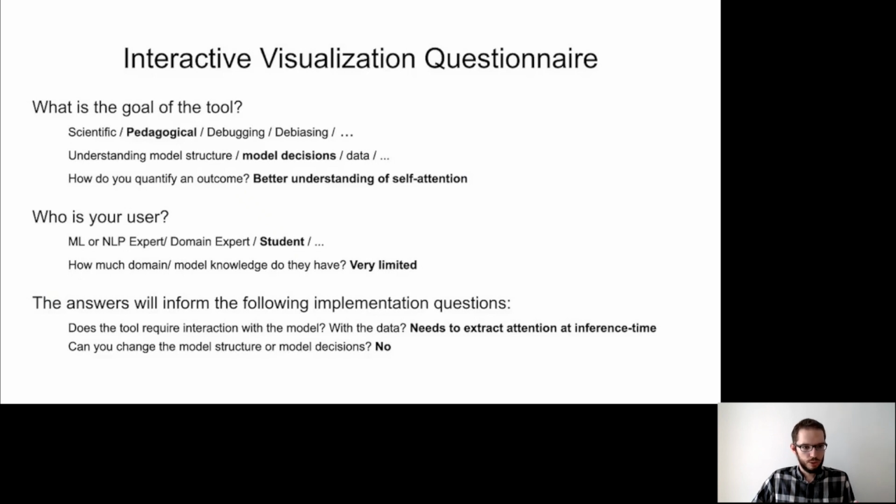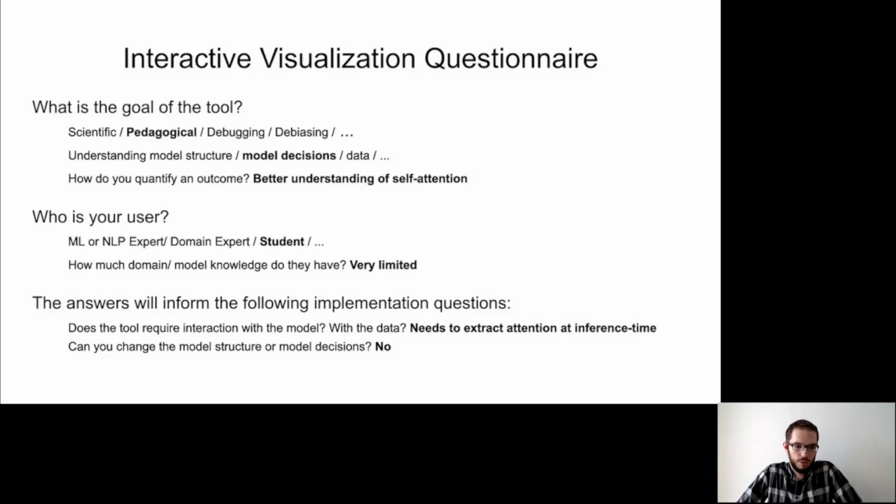Our quantification of the outcome is simply whether someone looking at this visualization has a better understanding of self-attention. Our users might be students or other people who are interested in learning more about self-attention. Those students have very limited domain knowledge, so we can't necessarily use any of the methods that require extensive knowledge about linguistics. And these answers will now inform our implementation.